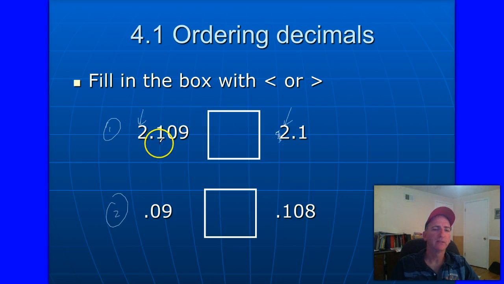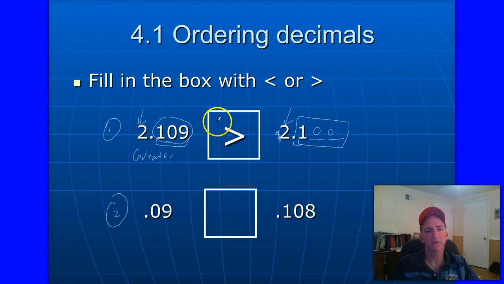It's not a 12. Okay, so here you have 3 decimal places, but here you only have 1. So to be able to tell which one is greater than, you have to create the same number of place values. And you see there's 100, there's 109. So the number on the left is the greater value, and so you will place the sign that says greater than.